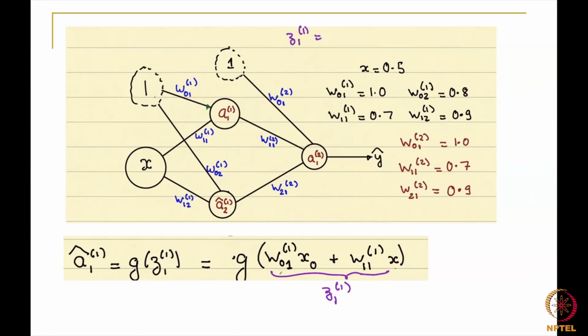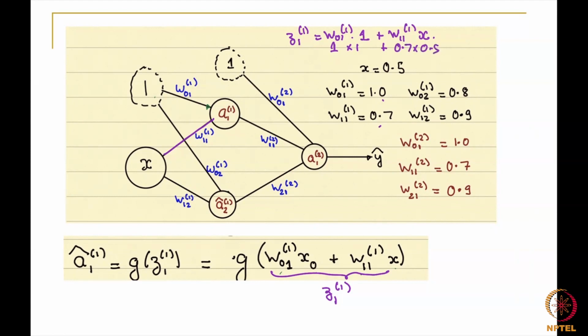Z11 is W011 multiplied by the bias plus W111 multiplied by X, as I have written here. W011 is 1, multiplied by 1, plus W11 is 0.7 into 0.5.